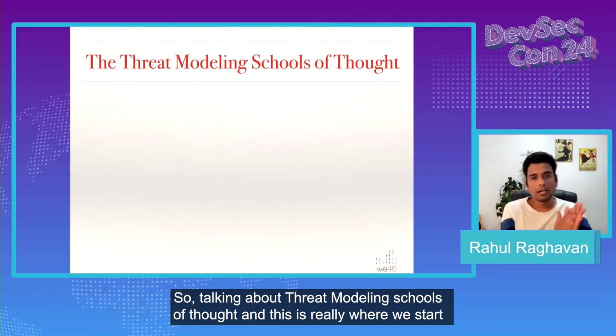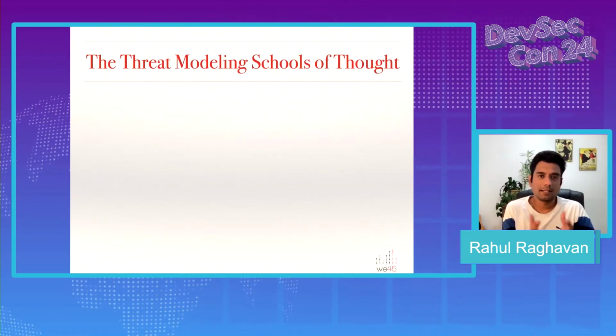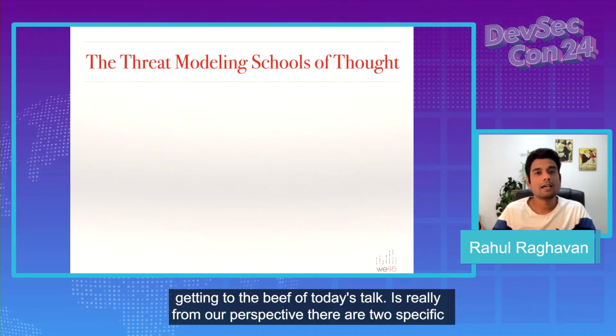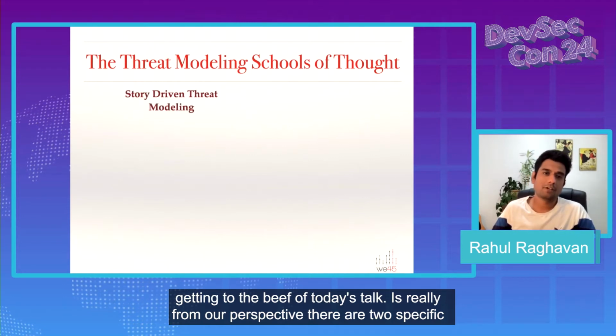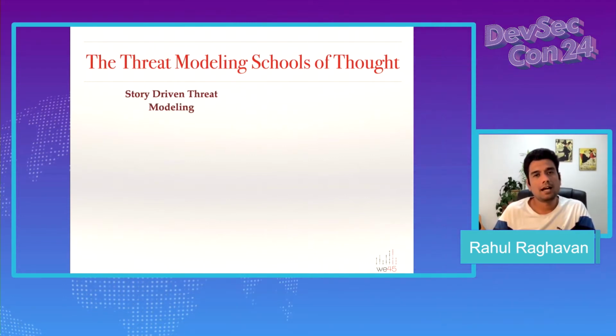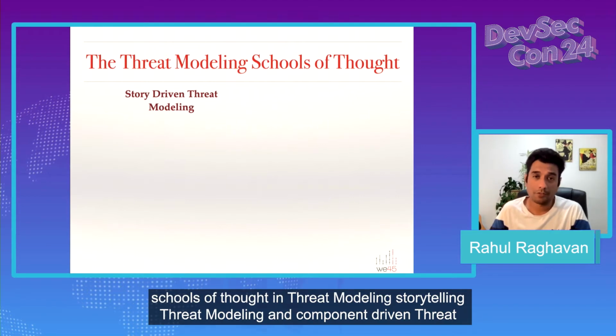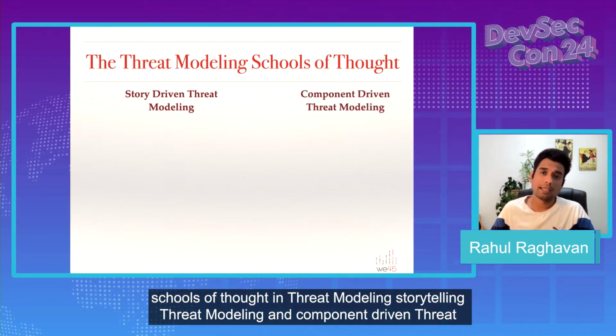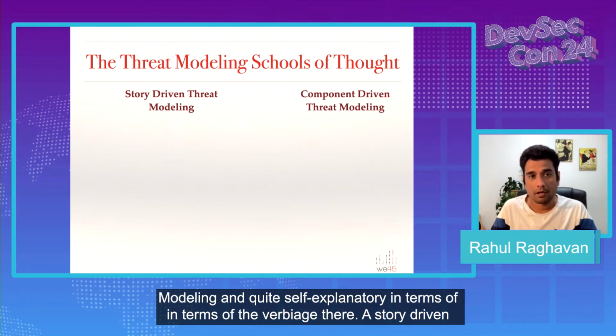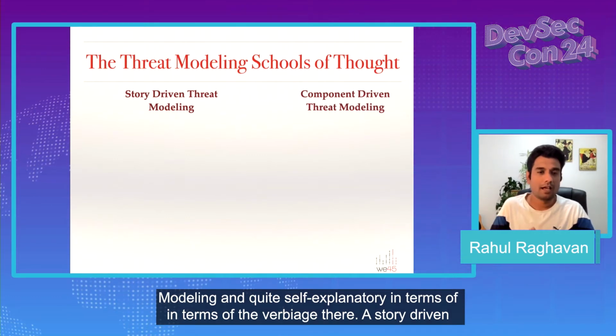So, talking about threat modeling schools of thought, and this is where we start getting to the beef of today's talk: from our perspective, there are two specific schools of thought in threat modeling, story-driven threat modeling and component-driven threat modeling, and quite self-explanatory in terms of the verbiage there.